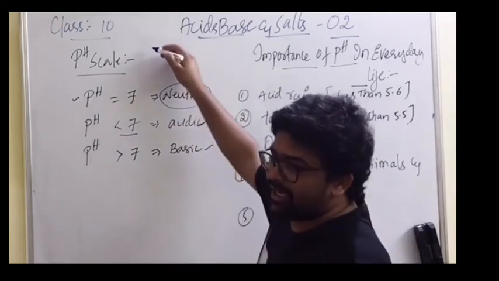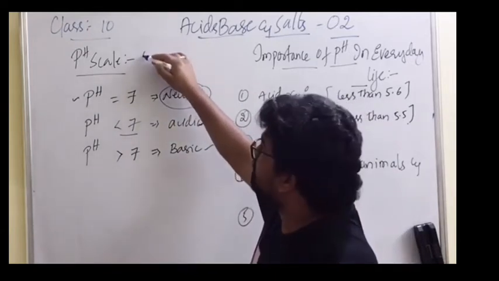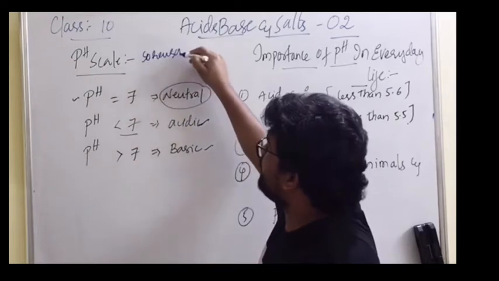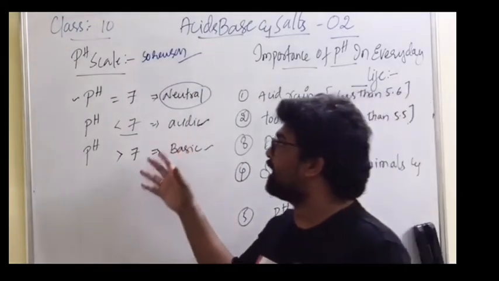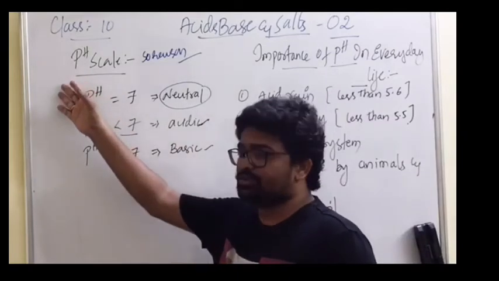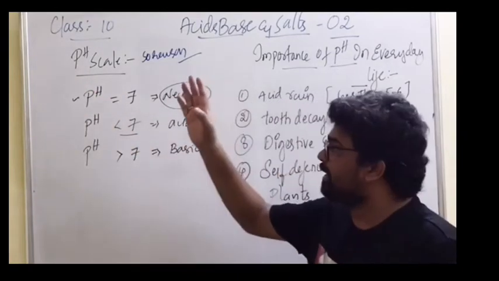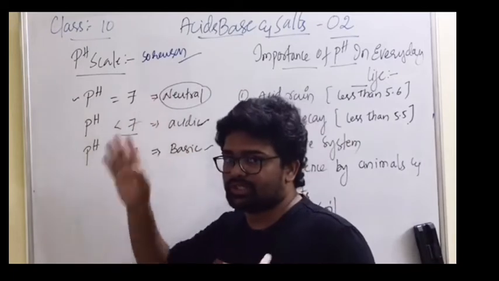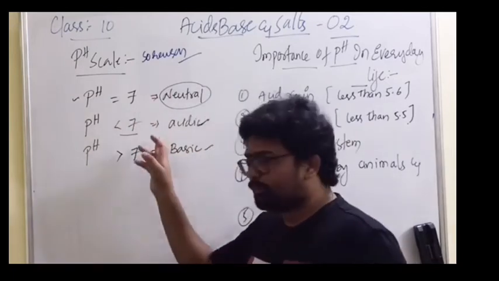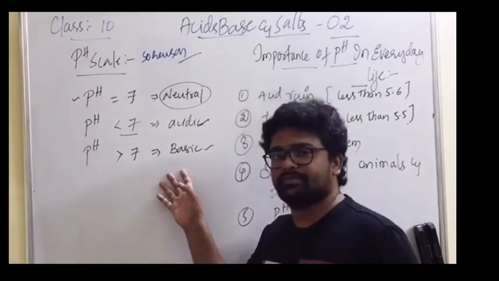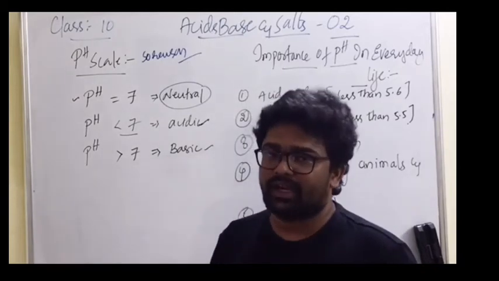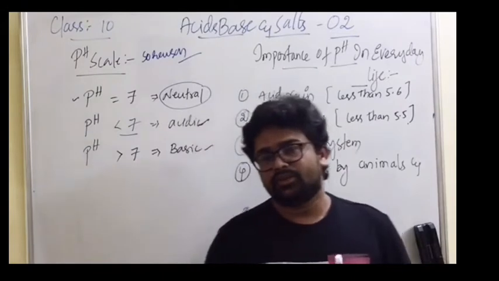The pH scale was given by Sorensen. He is the one who introduced this pH scale. So pH scale has values from 0 to 14. If pH value is equal to 7, then the solution is neutral. If it is less than 7, it is acidic. If it is greater than 7, it is basic. So with the help of pH scale, we can find out the relative strength of acids. So you have to remember that.